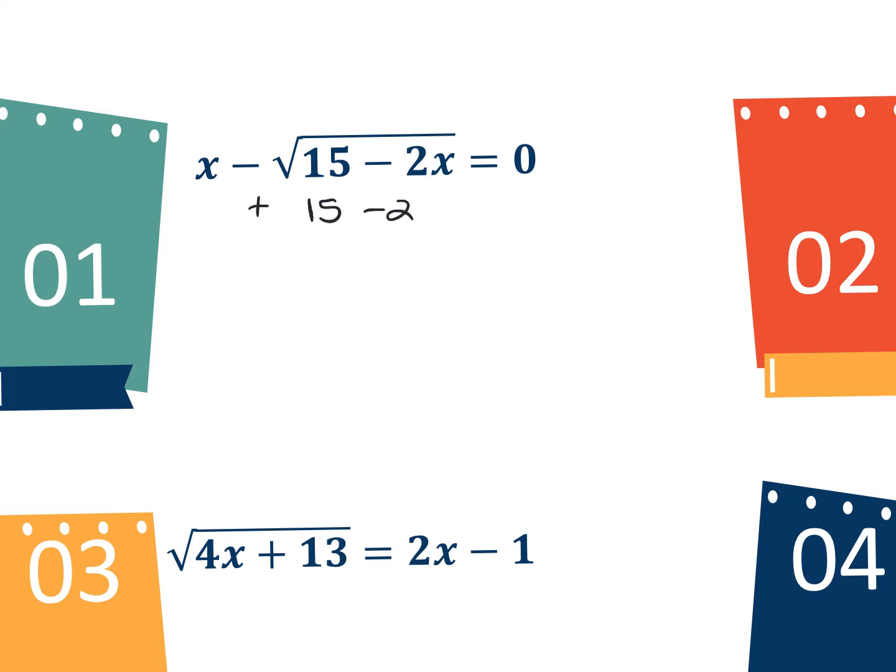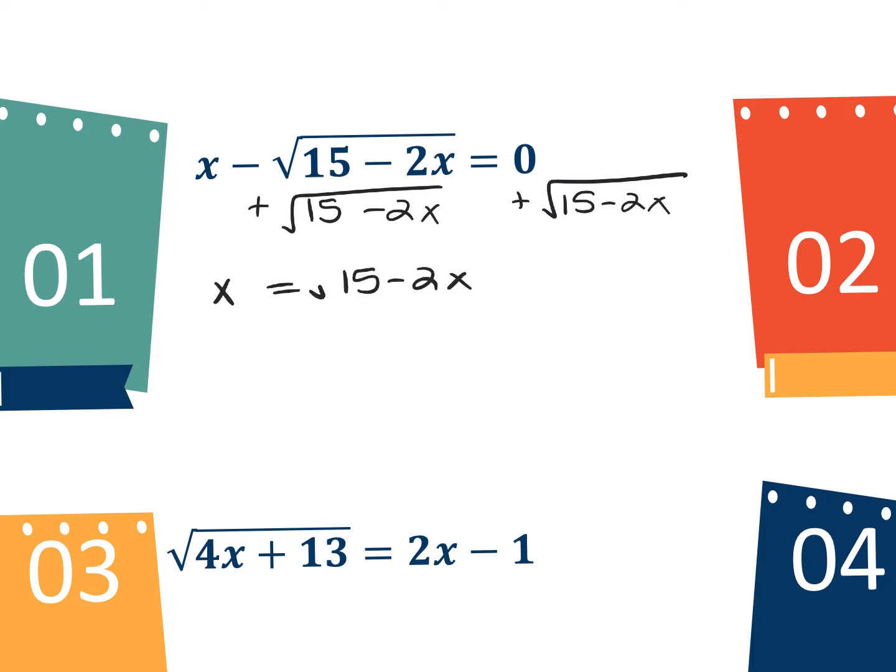So I'm going to add this to both sides because we always have to isolate the radical first. So now I'm left with x is equal to the square root of 15 minus 2x.